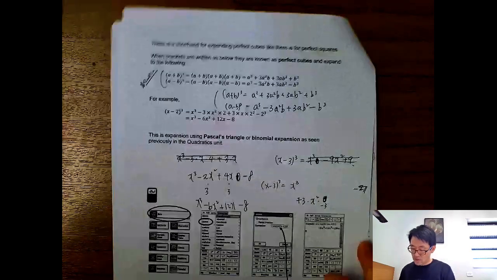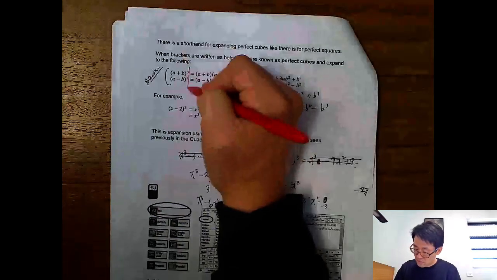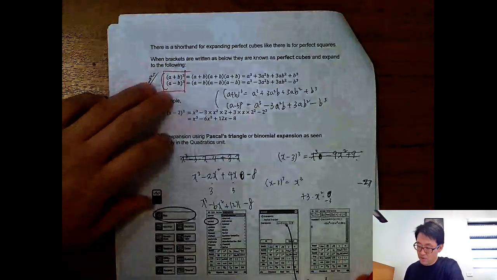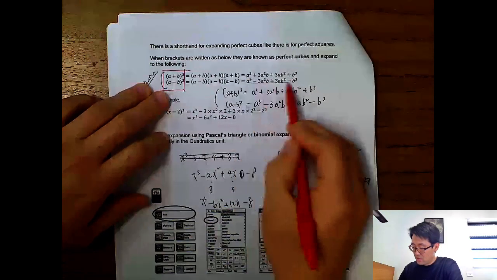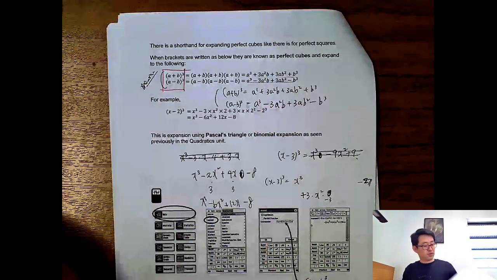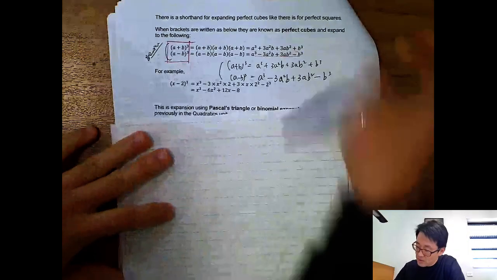The last one here, you must know. That will help you a lot. I'll probably show you. It's cubic.